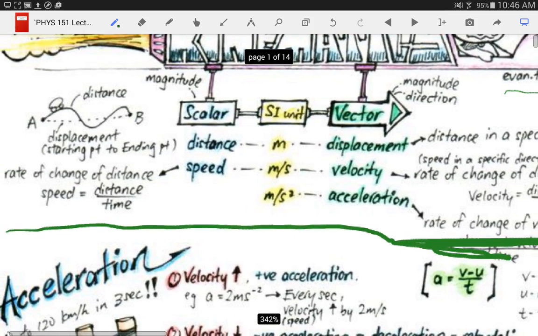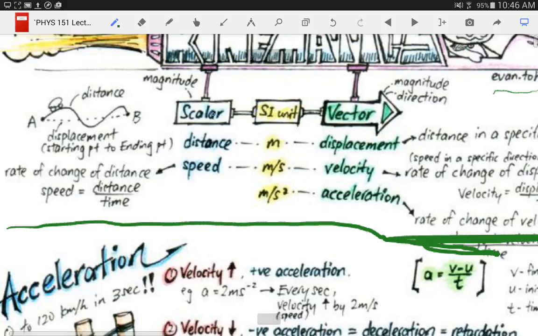So we have words here, scalar and vector. Scalar, spelled with 2 A's, is a word that means that we have a value that has a magnitude, how big it is. Magnitude means how big it is, its size, but doesn't have a direction to it. Does it have units?